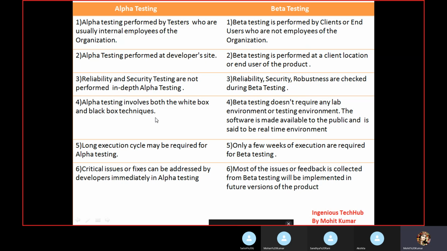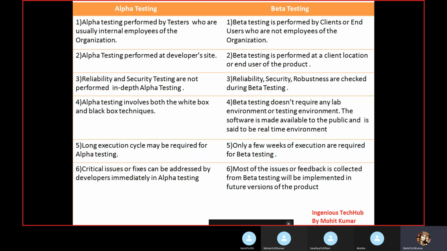Alpha testing involves both white box and black box testing techniques, but beta testing doesn't require any lab environment. This software is made available to the public and is said to be a real-time environment. Simply put, we have deployed the application, and they might have a different environment.